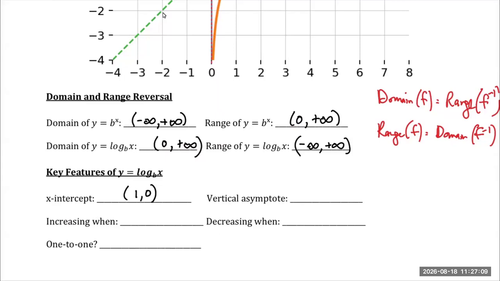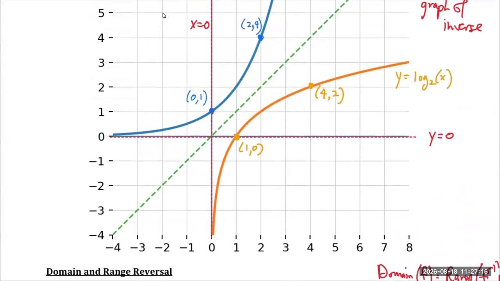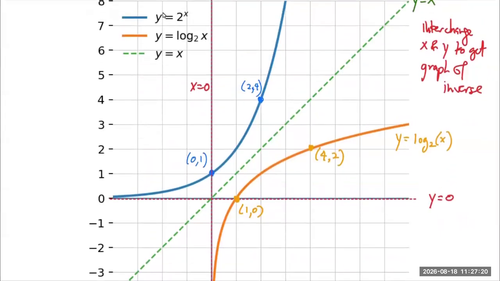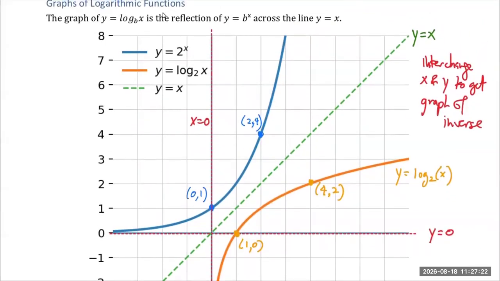The vertical asymptote is going to be x equal to 0. We can see in our picture over here that this graph is always increasing. And that is because the graph of our original function over here was always increasing, and we just flipped it.